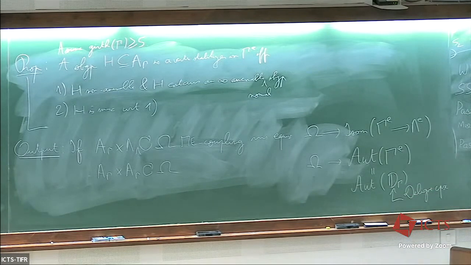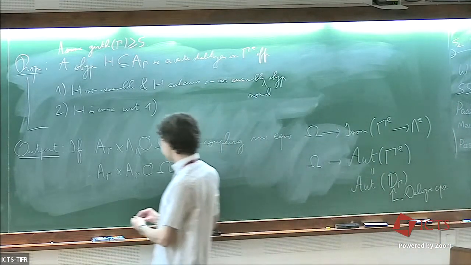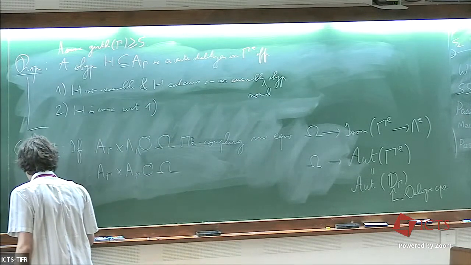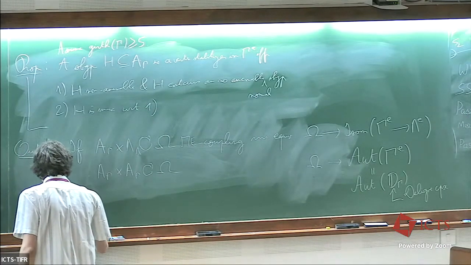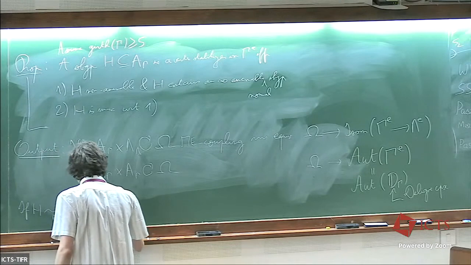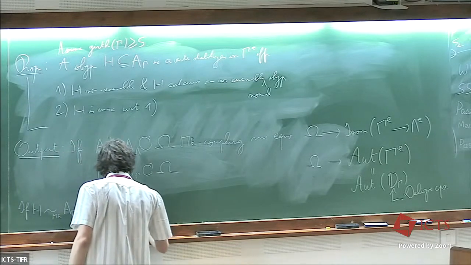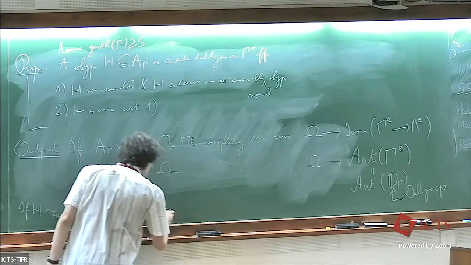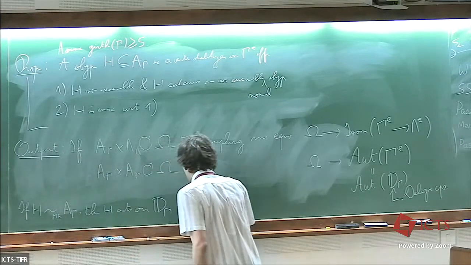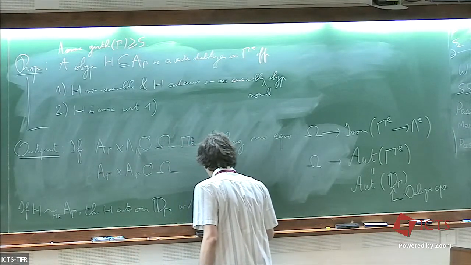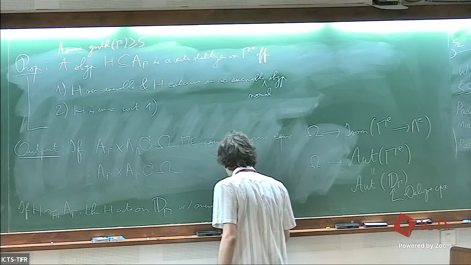And from this, the kind of statement that you can derive is: if you have a group H that is measure equivalent to the RAAG, then H acts on this CAT(0) cube complex with amenable stabilizers.